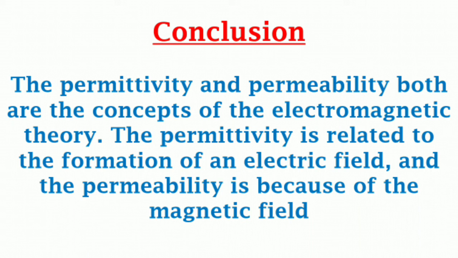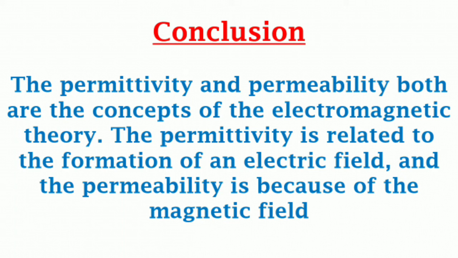As the word says, electro and magnetic: something is related to the electric part and something to the magnetic part. Permittivity is related to the formation of an electric field and permeability is because of the magnetic field. This is what I have concluded here.